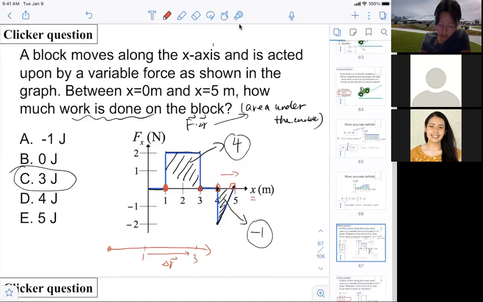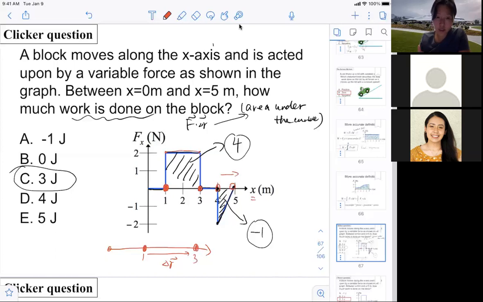At 1 meter, there's a force acting on it, and at 3 meters, there's still the same force acting on it. So you know the object must have passed by the 1 meter position and the 3 meter position. Does that make sense?